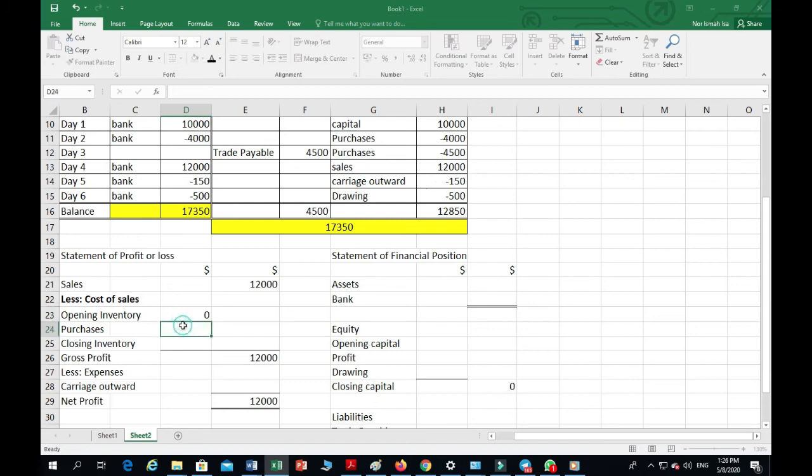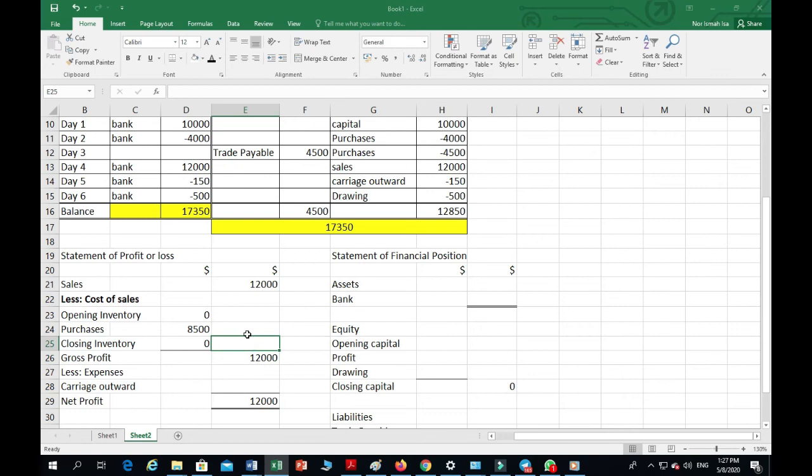As purchases, we have two purchases here, 4,000 and 4,500. So the total purchases is 8,500, and all the purchases have been sold. So there is no closing inventory, so we put it as 0.